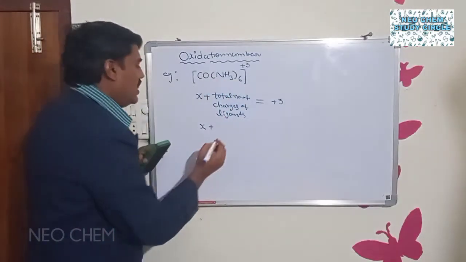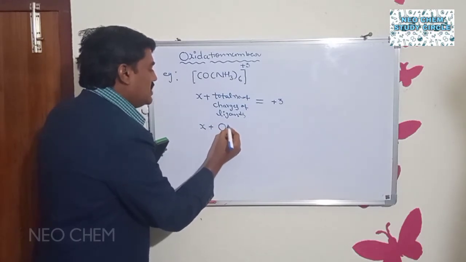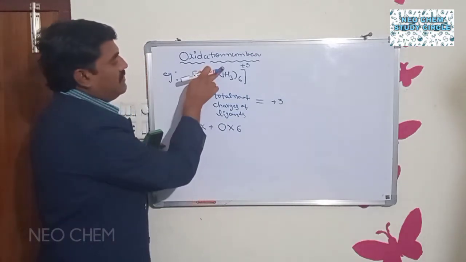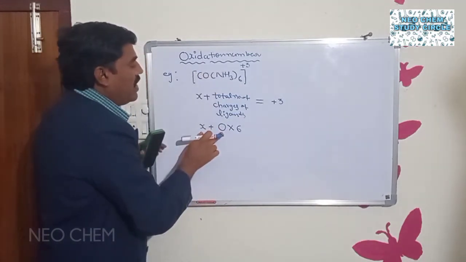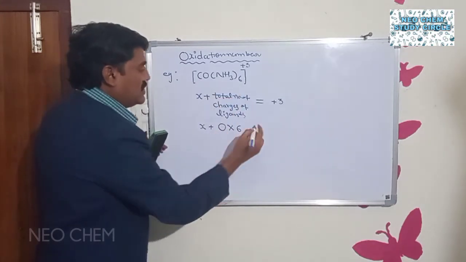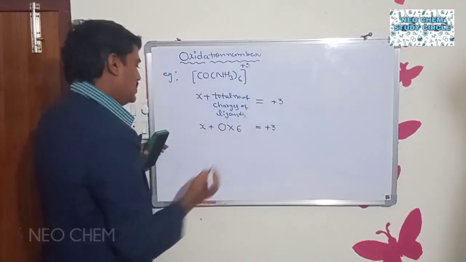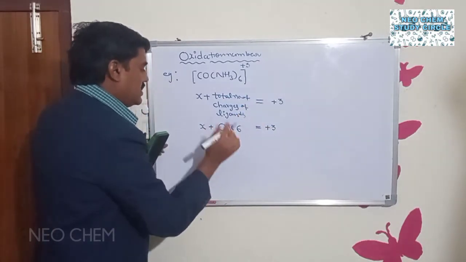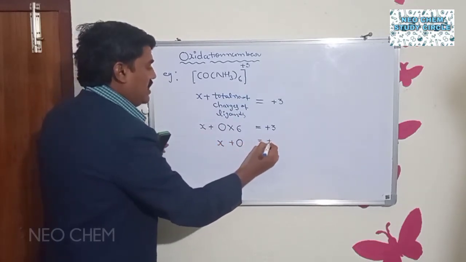So first of all, charge of the amine ligands is 0. Next, number of ligands are 6. Okay, now charge of the amine ligands is 0 and number of amine ligands are 6, equal to plus 3. So X plus 0 into 6, 0, equal to plus 3.